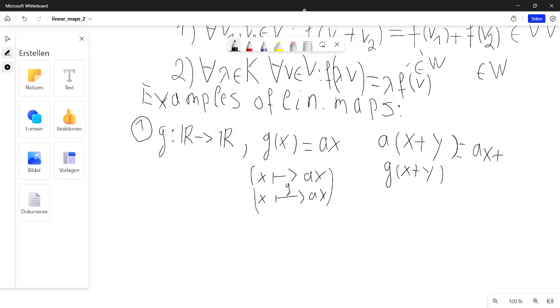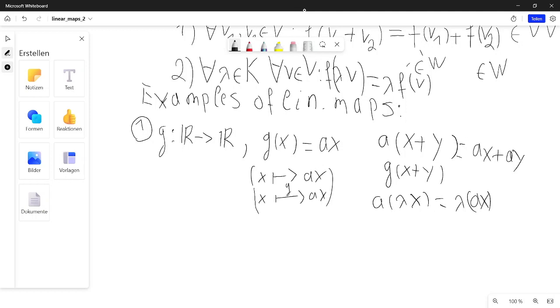No magic here. And this is, of course, G of x plus G of y, so that's obvious. And you can probably also already see that by associativity of multiplication in R, and by commutativity also, if you like, we just get lambda a x, which is exactly lambda G of x.